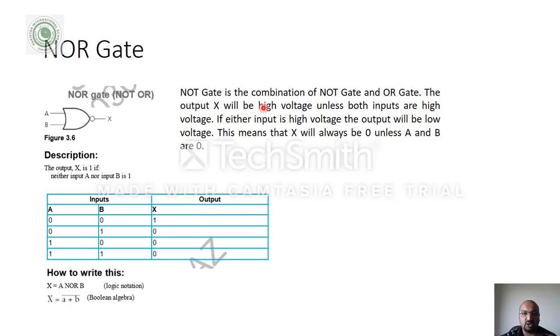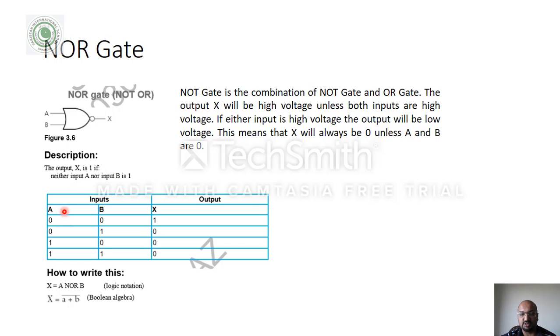The NOR gate is the combination of the NOT gate and the OR gate. The output X will be high voltage unless both inputs are low. If either input is high voltage, the output will be low voltage. This means X will always be 0 unless A and B are both 0.